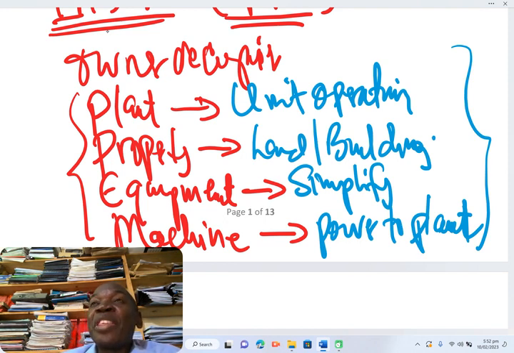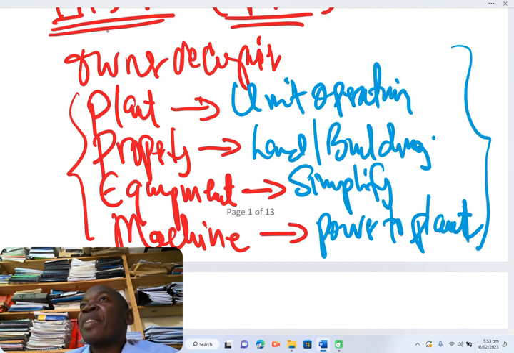Equipments within a tractor, there is a cultivator, there is a harrower, something that simplifies cultivating activities. For example, in the health center, you have equipment to perform verification of tests, for example, we call it CT scan.